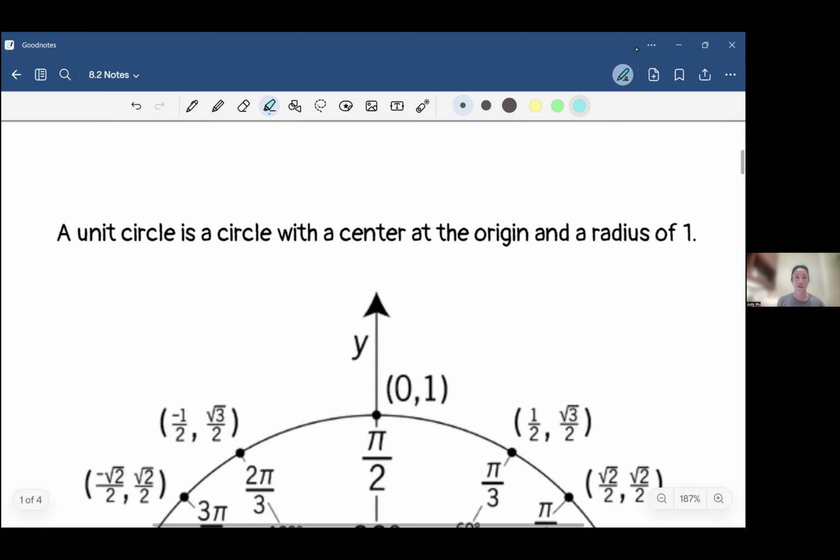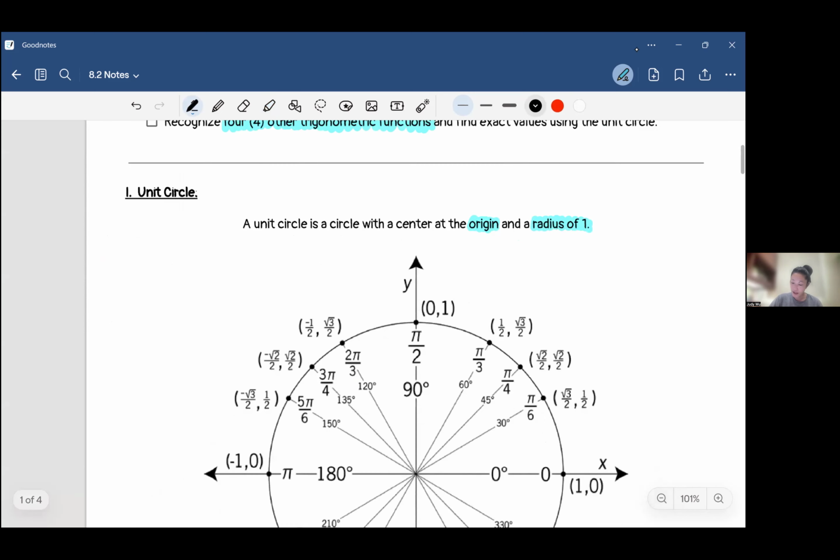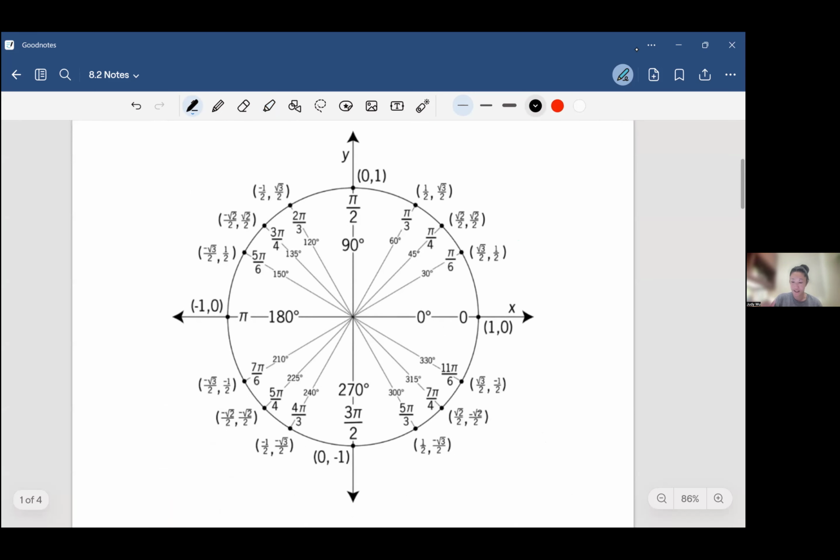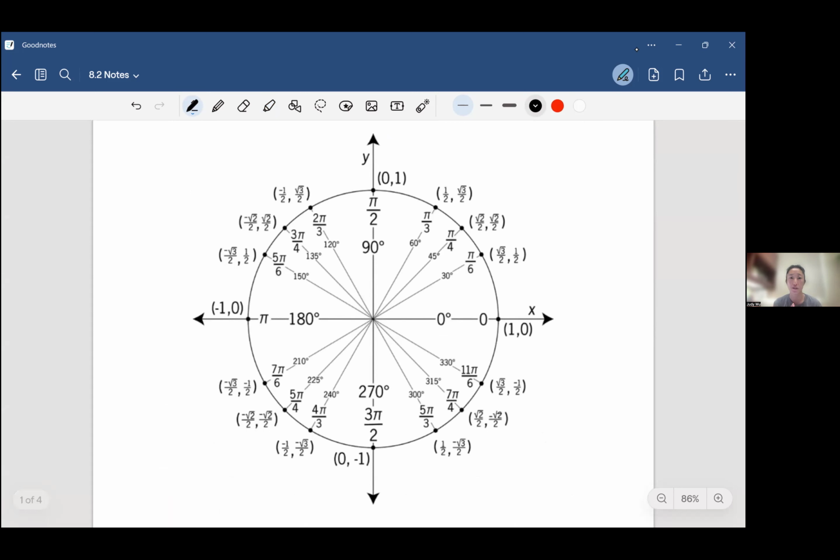So let's start with this definition. It turns out that a unit circle is nothing more than a circle that has a center right at the origin, and the radius of this circle is exactly 1. I'm going to ask us to look at this circle for a moment. I know it looks so busy.